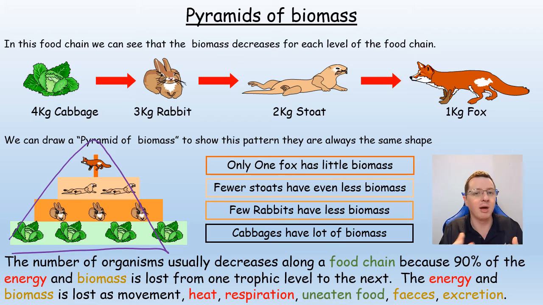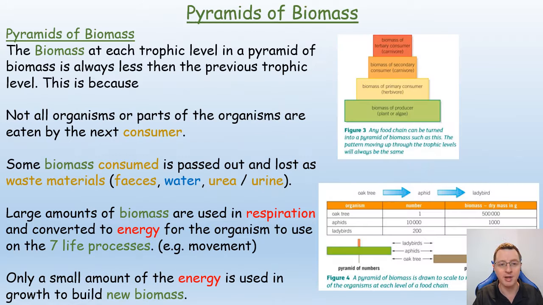You are losing biological molecules all the time. So even in the example of the tree that we saw earlier, we would have that same pyramid, with a huge producer at the base of the pyramid, because it's a large amount of biomass in the tree.